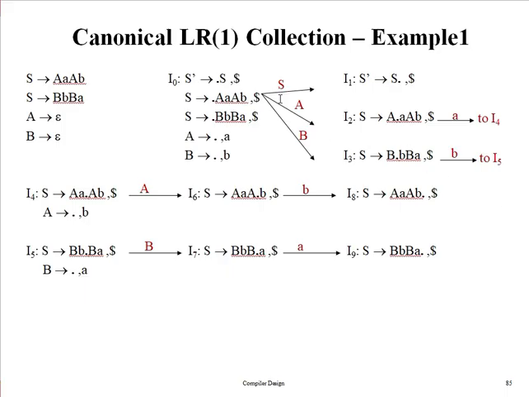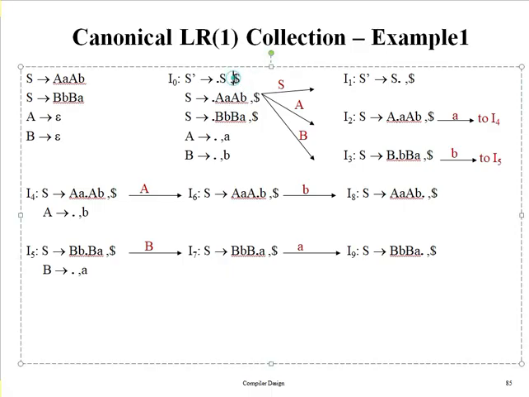First we should augment the grammar by adding a new non-terminal and a new production rule. As this is the production rule by which we augmented the grammar, we directly add the $ sign as the parameter of this item.